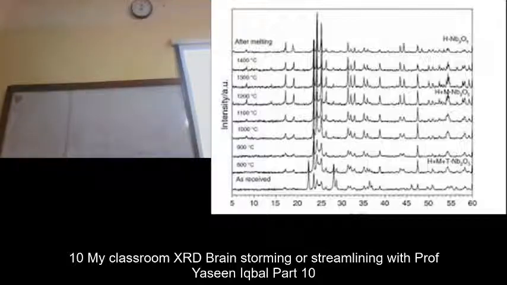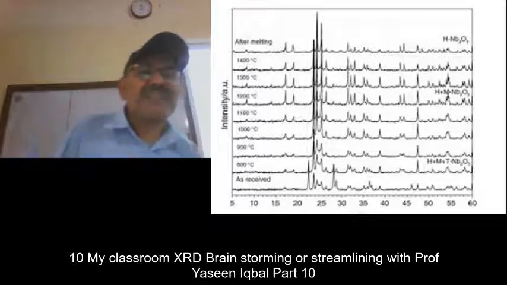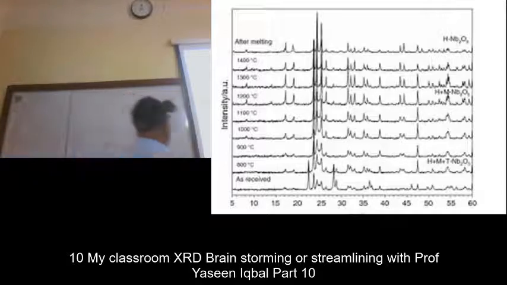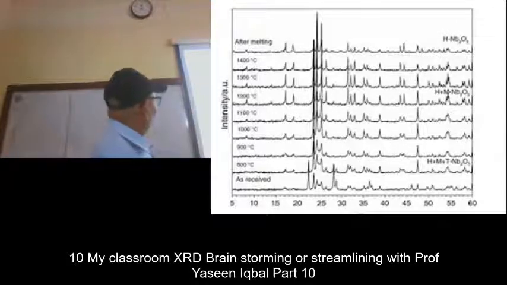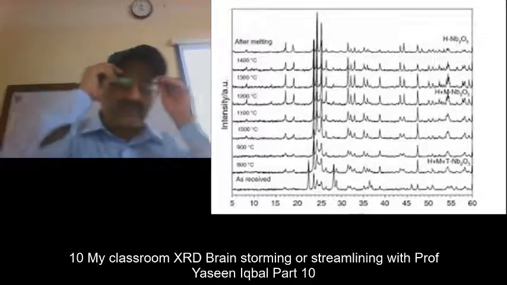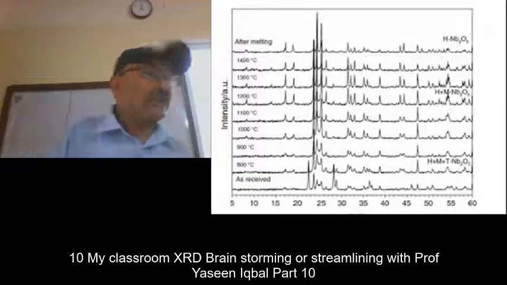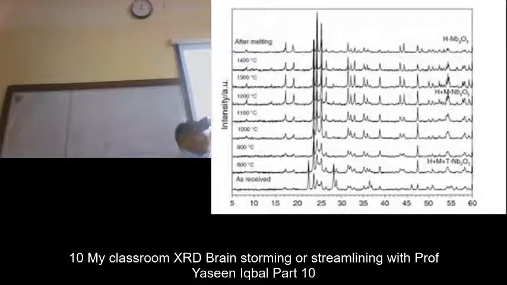So if it is down there, A is the received sample, and 800, this is 800, this is not 000, right?